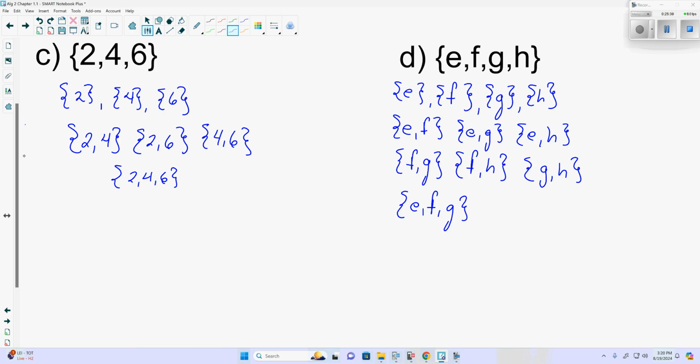So we could say E, F, H. So E, F, G, so we can change the F to G. So E, G, H. Oh, we're still on. There is one more set of 3. And F, G, H.